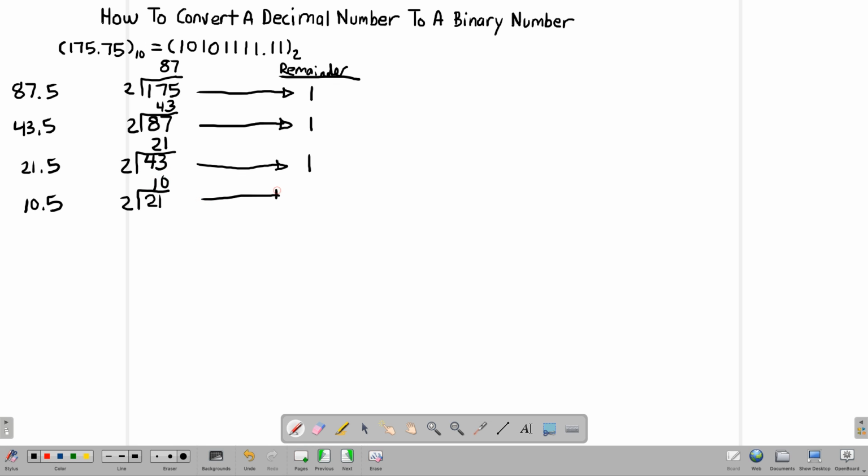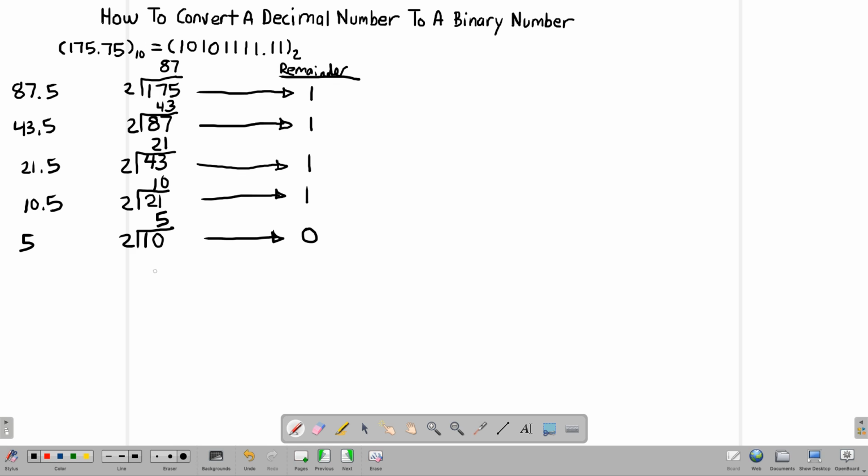So let's indicate that in the remainders column. All right, so let's continue. We're going to take the value 10 and divide 2 into 10. And of course, that goes in there 5 times evenly. And since there's no remainder, we have a value 0 here.